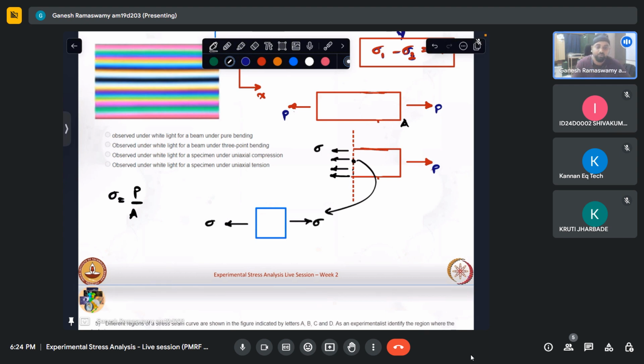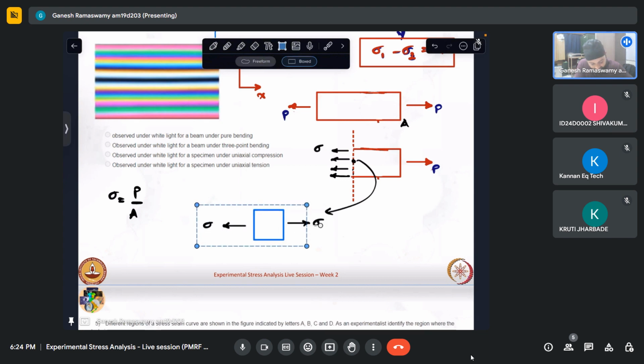I know it is being pulled, it is under tension. Is there any sigma y? There is no sigma y. Similarly, I'm just pulling it, so there is no shear as well. So this happens to be the complete state of stress at that point. Just uniaxial tension.